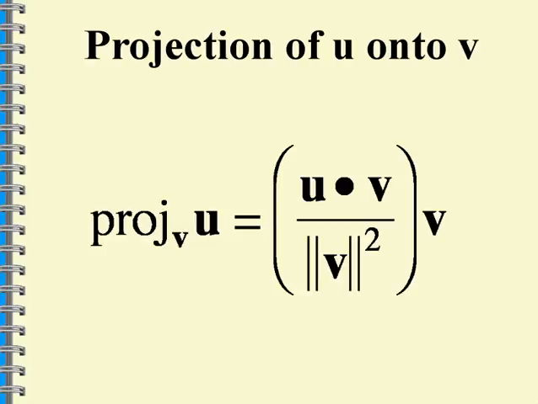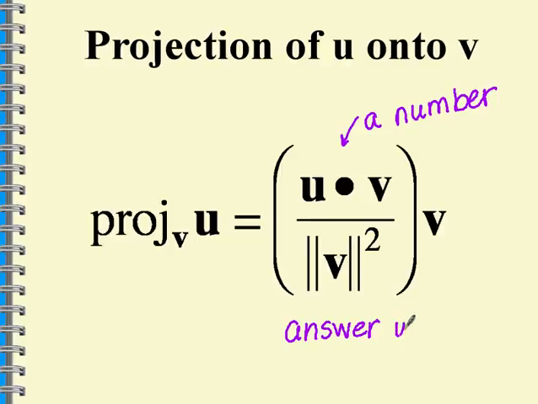How we calculate that is we take the dot product of U and V, and divide it by the magnitude of V, quantity squared. That will be a number. Then we take that number times vector V. So our answer will be in component form.